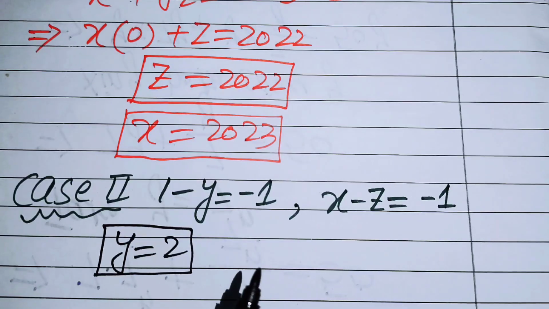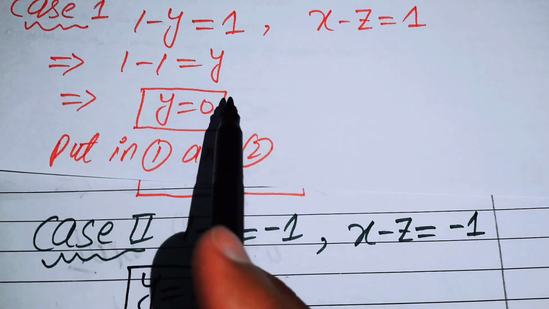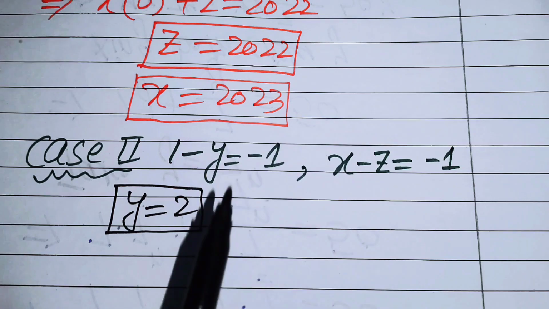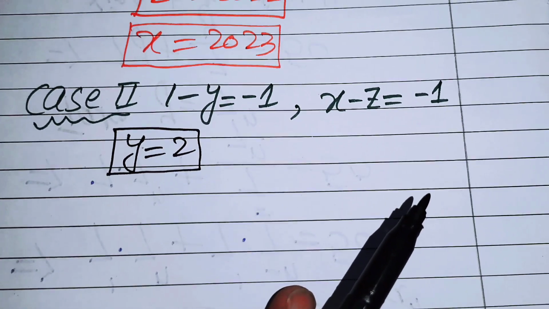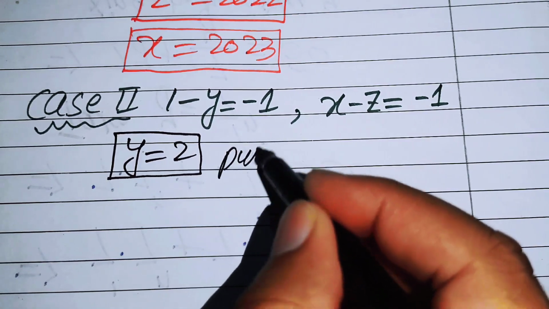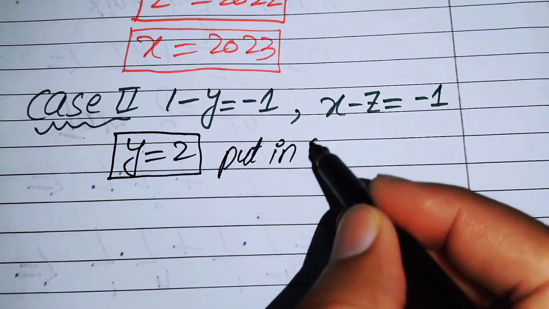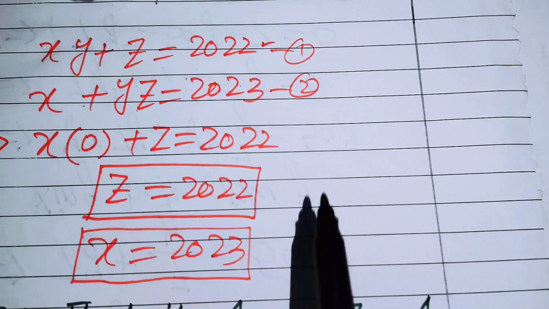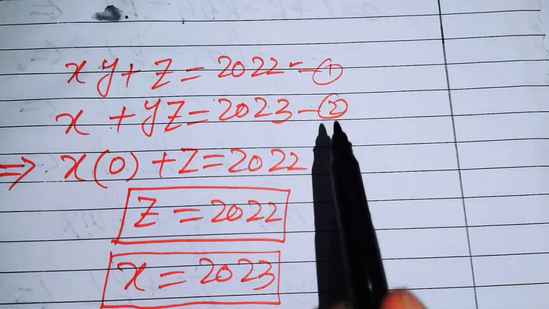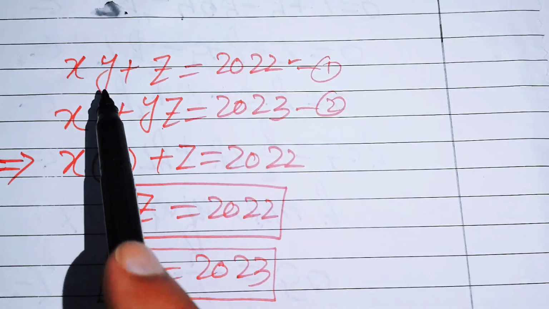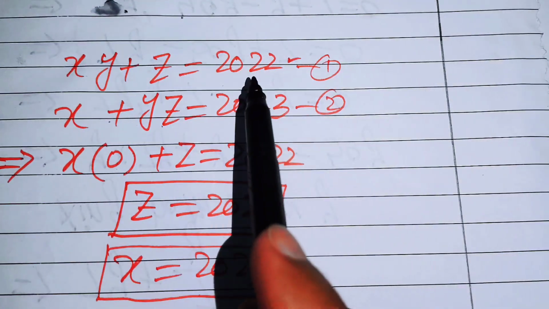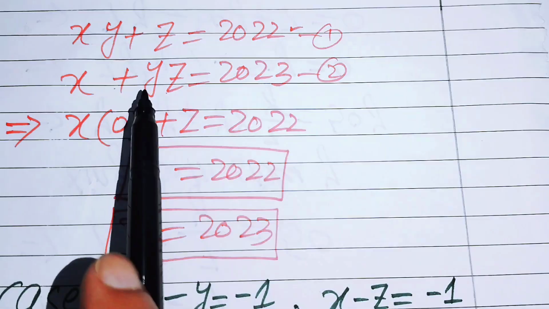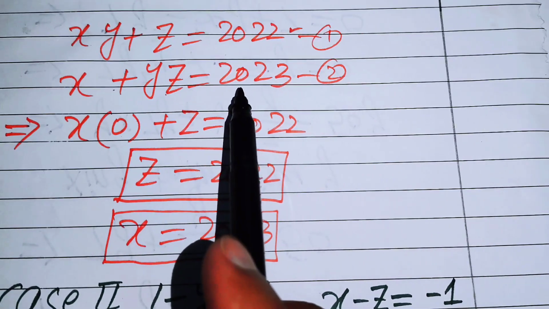Now you can put the value of y equals 2 in equation number 1 and equation number 2. So when you put y equals 2, you get 2x plus z equals 2022, and x plus 2z equals 2023.